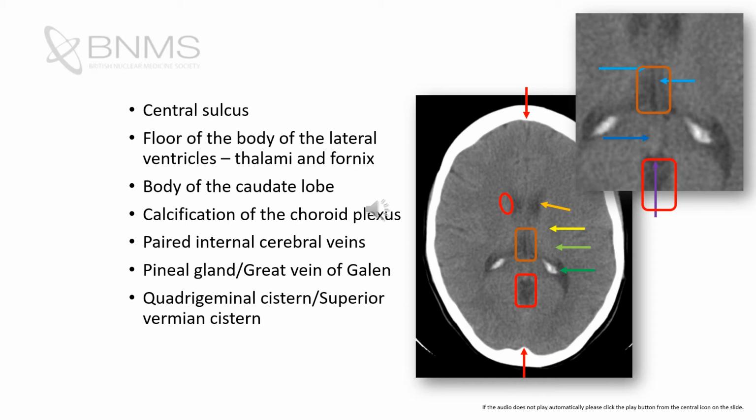The purple arrow indicates the position of the pineal gland that we saw in the very first slide. The brown boxes indicate the quadrigeminal cistern, again that we saw in the first anatomy slide.